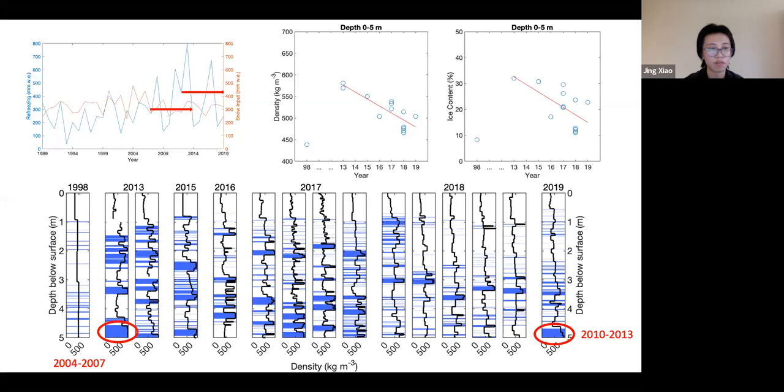So in this top 5 meters, both the average density and the ice content show a generally decreasing trend with some fluctuations in the past 6 years.